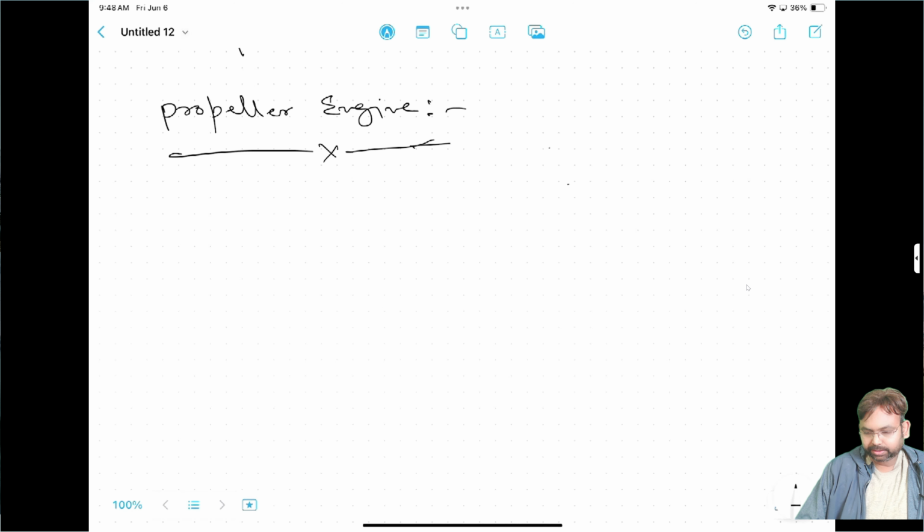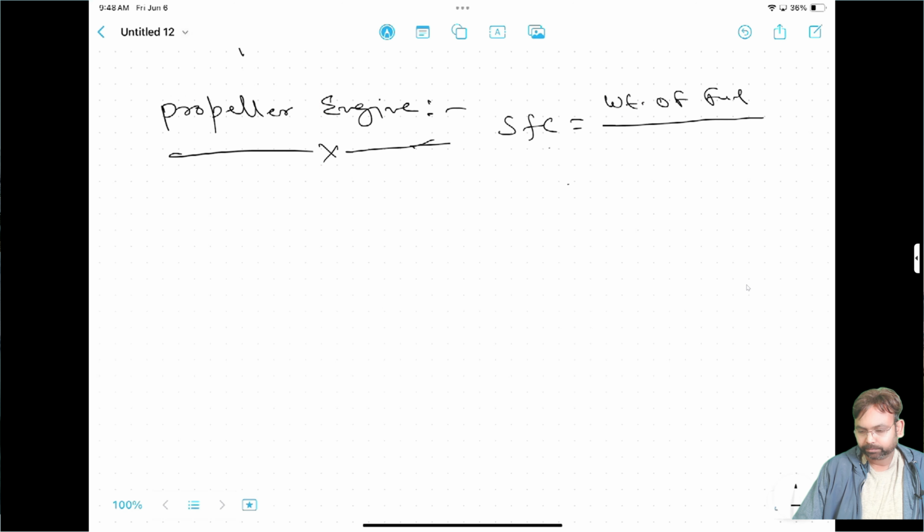So the SFC is equal to weight of fuel divided by power and time. This H is denoted by hours.